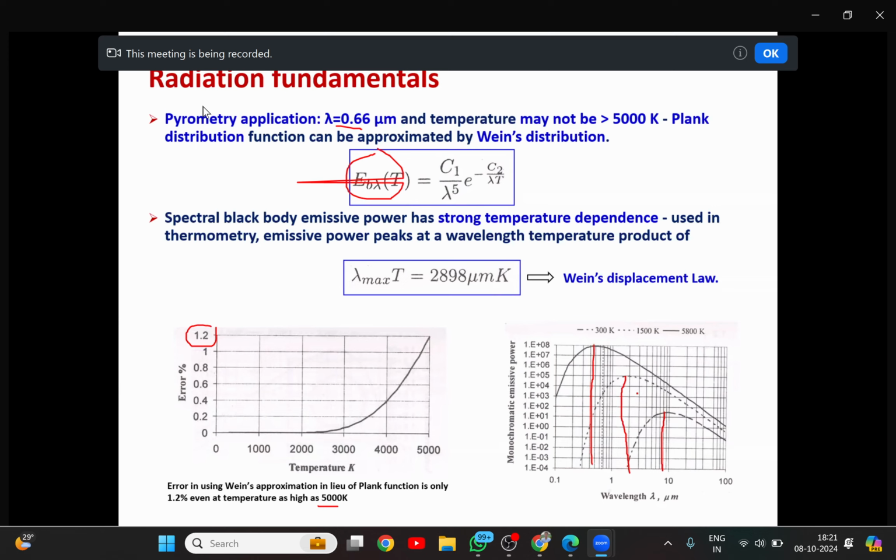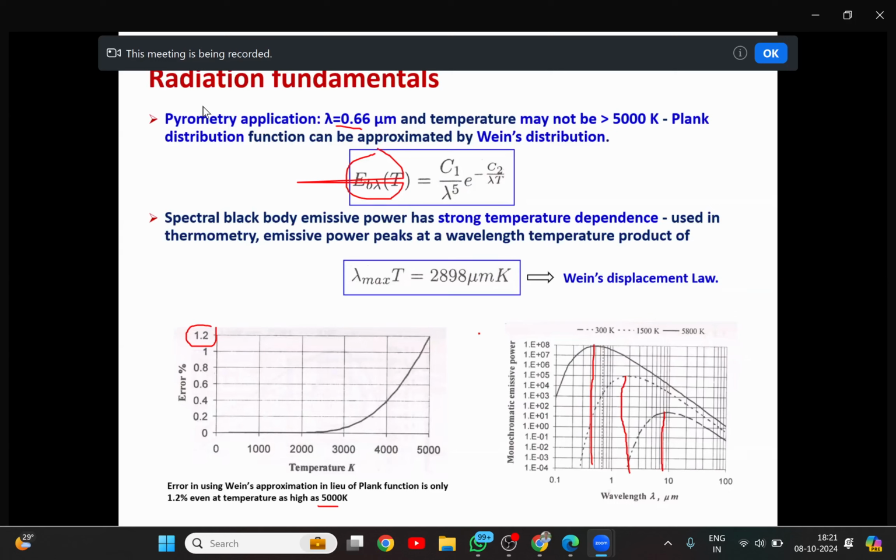Now, if you take the wavelength corresponding to the maximum emissive power, that is lambda max, and multiply it with the temperature for that curve, and you do that for multiple temperatures, multiple curves, it turns out that lambda max into the temperature is a constant.